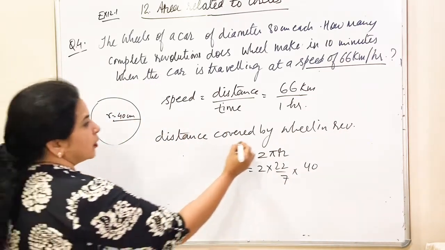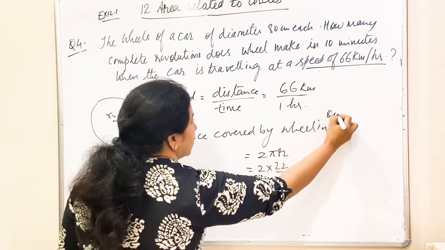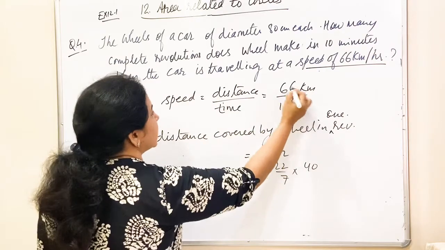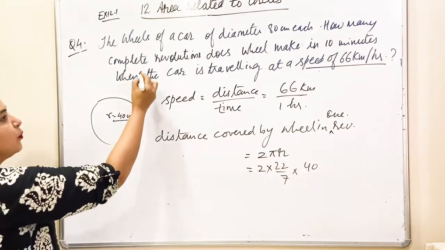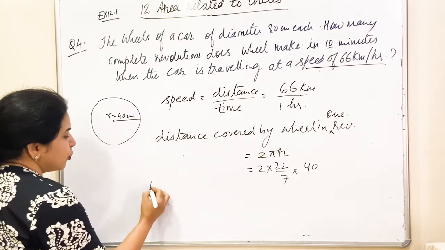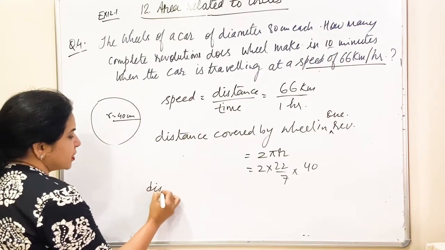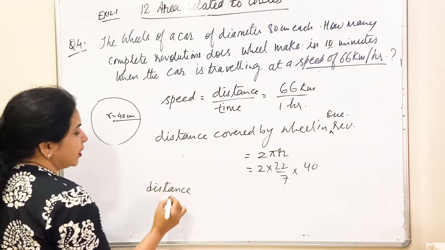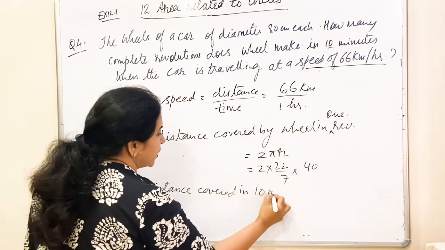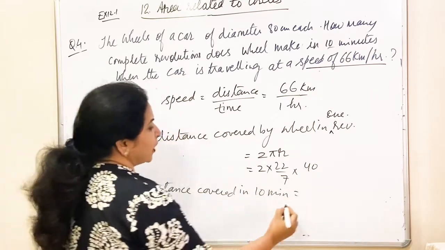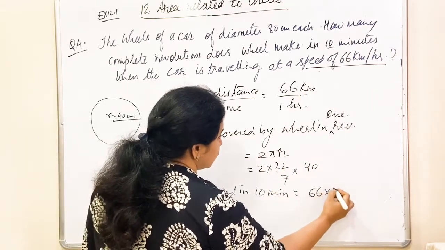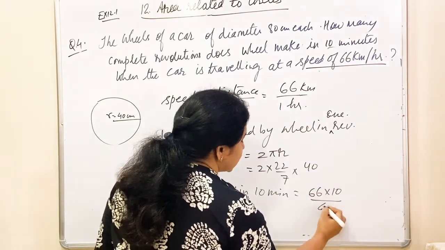Okay. In one revolution. So now total distance covered in 1 hour is given 66 kilometer, but we want to find distance covered in 10 minutes. Okay. So what is the distance covered in 10 minutes? Distance covered in 10 minutes is equal to distance covered in 1 hour, 66 into 10 divided by 60.